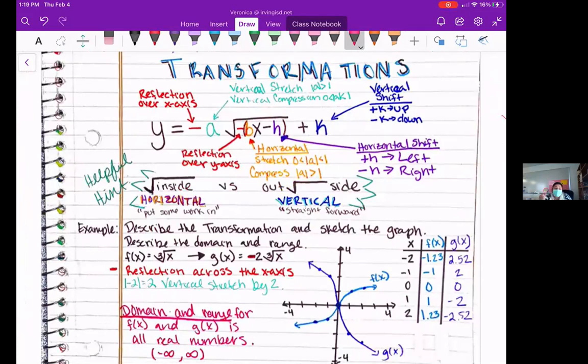Now, transformations. It is the same rules that we've been doing since the beginning of the year. Looking at the exam y'all just took, y'all are really good at telling me translations. For the most part, you can tell me if it's translating left, right, up, or down. Where we seem to have trouble is identifying if it's a stretch or compression, not necessarily if it's vertical or horizontal.